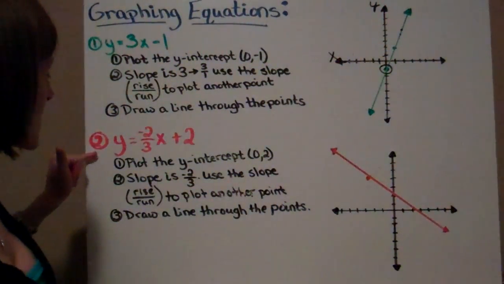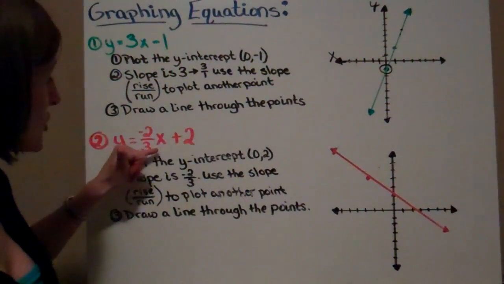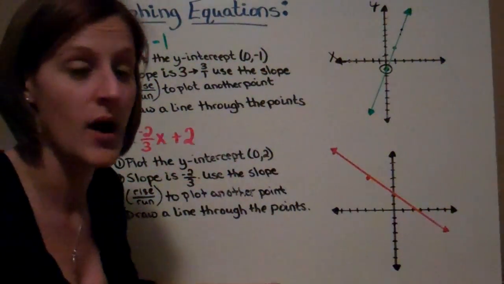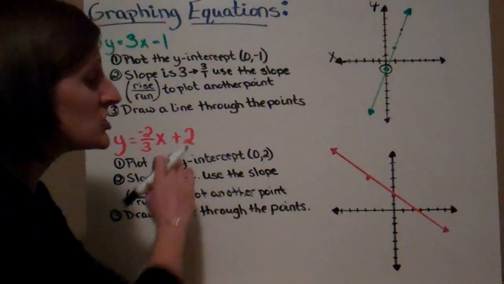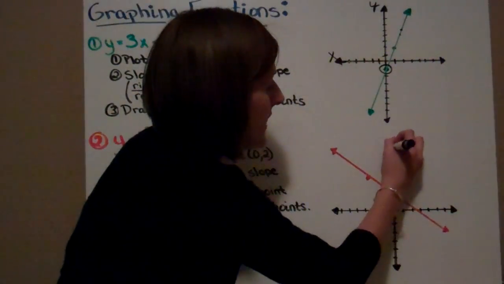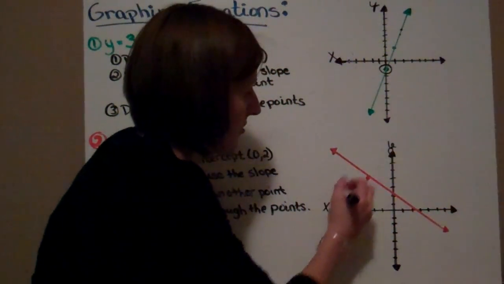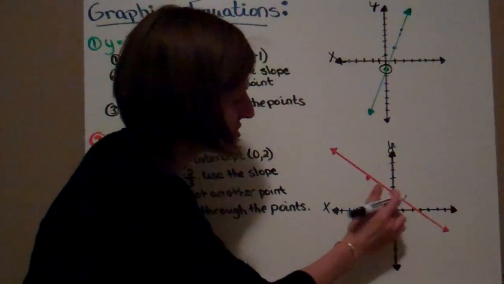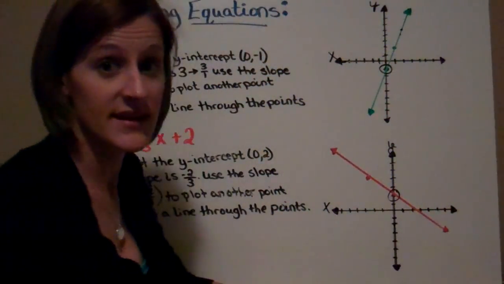Alright, let's look at this second one. y equals -2/3 x plus 2. So first thing you need to do is plot your y-intercept. It says +2, so it's crossing the y-axis here. Remember, y-axis at 2 right here, so I'm going to put a point at that 2.